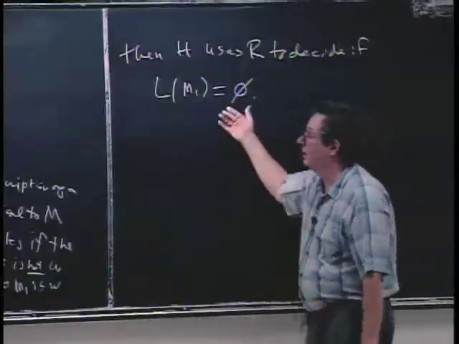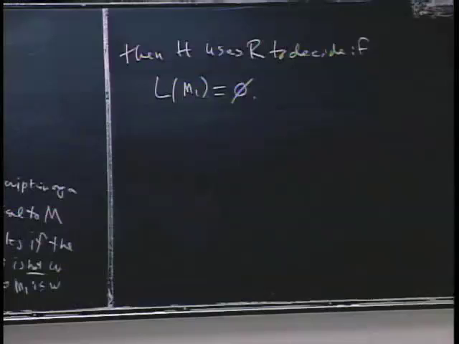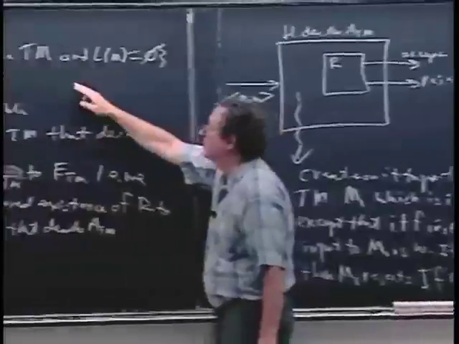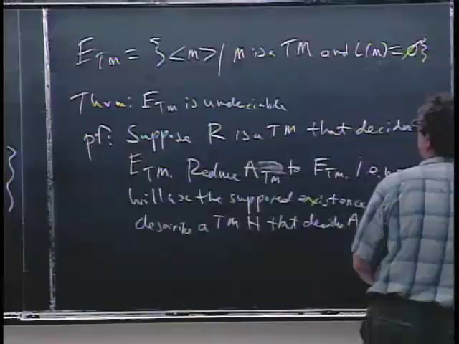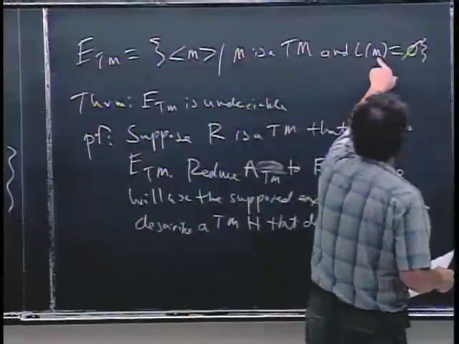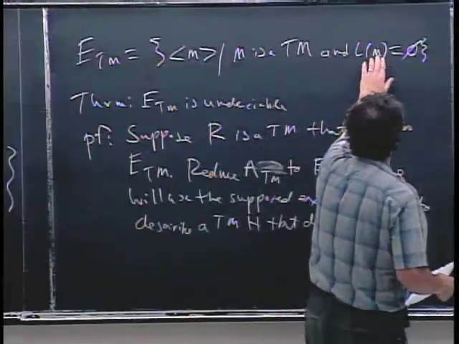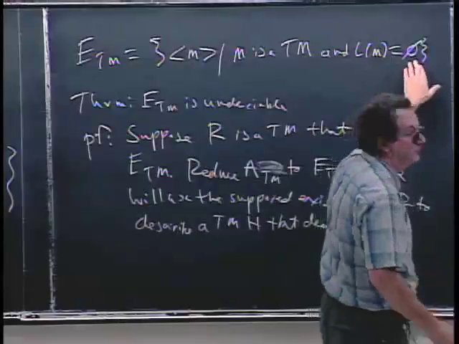Okay? That's what we said. There's a Turing machine that can decide ETM, and that means that Turing machine can take in an arbitrary Turing machine, description of a Turing machine, and decide if the language accepted by that Turing machine is empty.